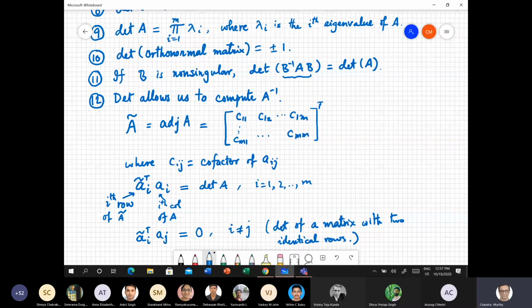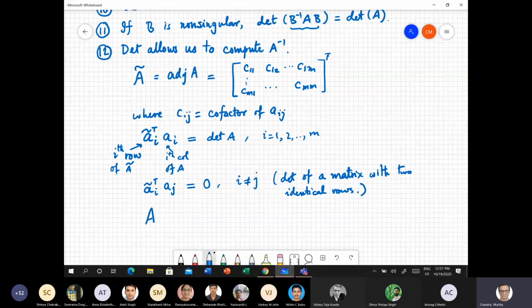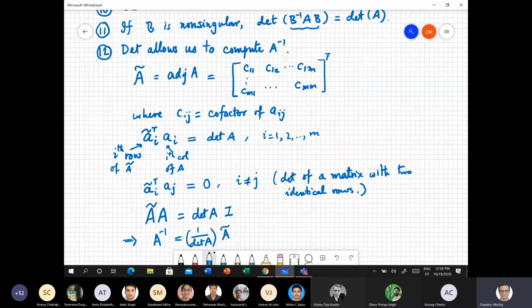So we see that if I take this matrix A tilde times A, the diagonal entries of this product are all equal to the determinant of A. All the off-diagonal entries of this product are equal to 0. So this is equal to the determinant of A times the identity matrix, which means that A inverse is equal to 1 over the determinant of A times A tilde.